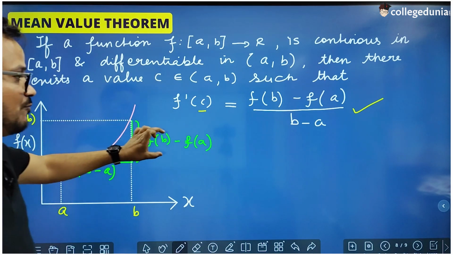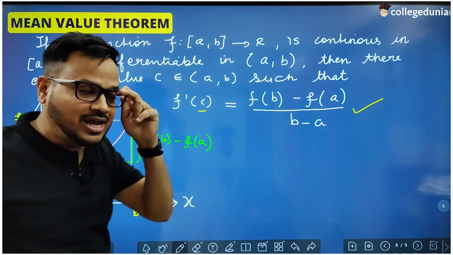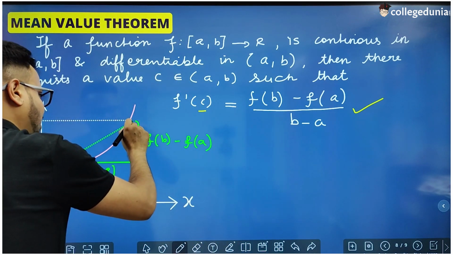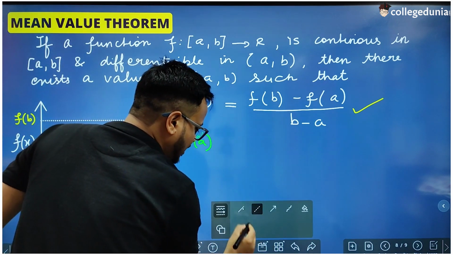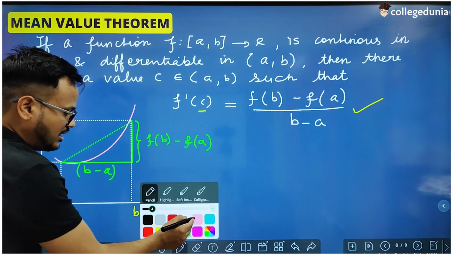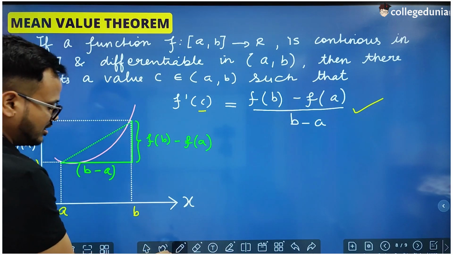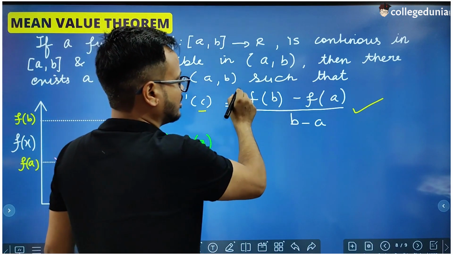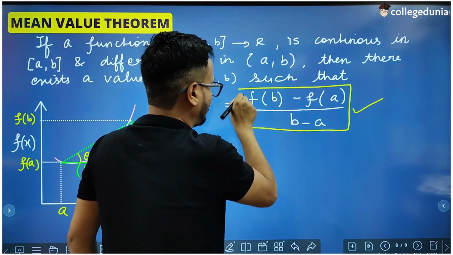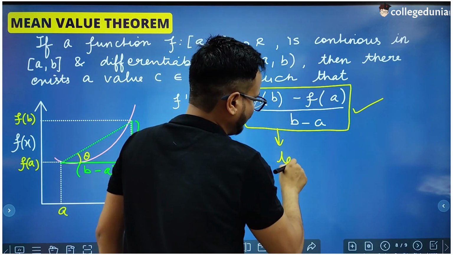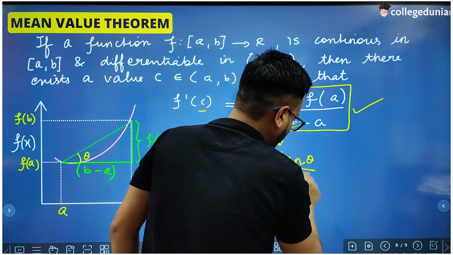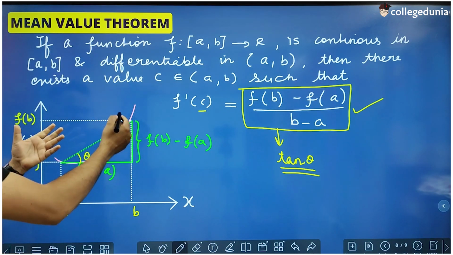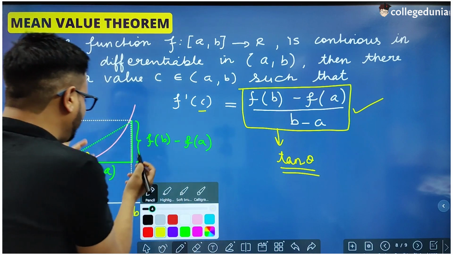So if we write f b minus f a upon b minus a in this triangle, this is nothing but perpendicular upon base. And if this angle is theta, then this represents the value of tan theta. Clear?